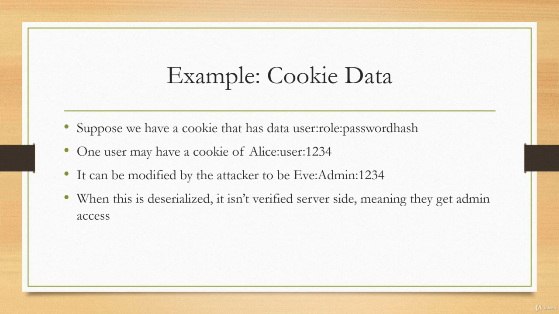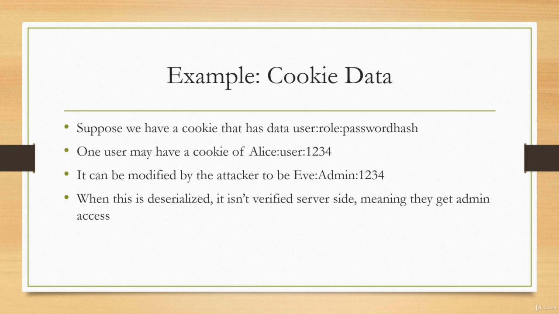When the server receives this and deserializes it, it won't be verified server-side because the server is trusting the data. It will see that an admin is trying to make an action, and it will accept it because an administrator has the ability to do that action, which means they'll get admin access without actually having an admin account.